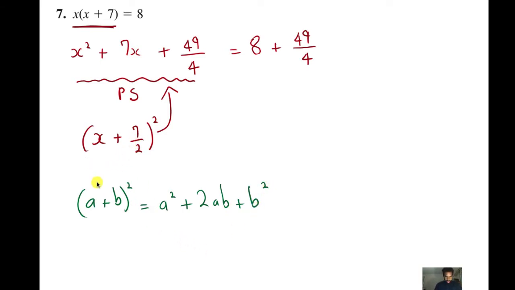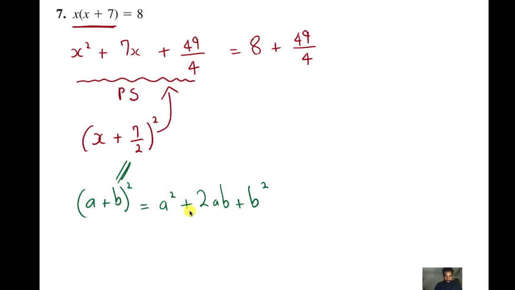And so if a is really x, or x is really a in this analogy, then the same way that a became a squared, x becomes x squared. You see that? And if b is really 7 over 2, then the same way that b became b squared, 7 over 2 became 49 over 4, which is 7 over 2 squared, okay?